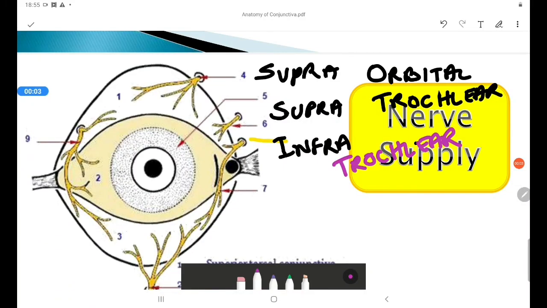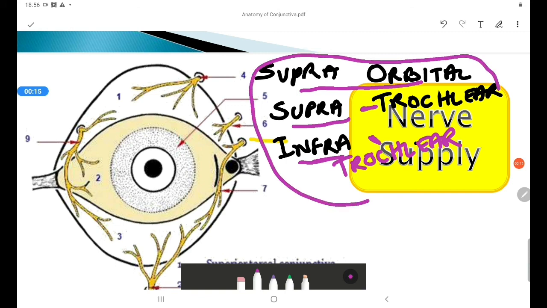So we should know that there is a supraorbital nerve, a supratrochlear and an infratrochlear on the medial side. They are all branches of one major nerve which is called the ophthalmic nerve.